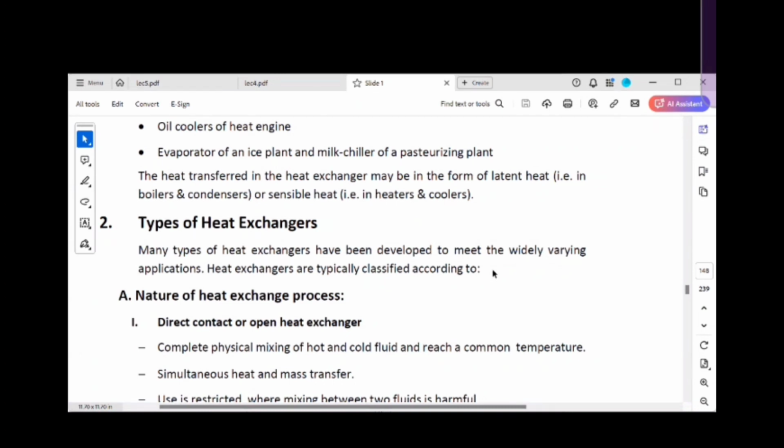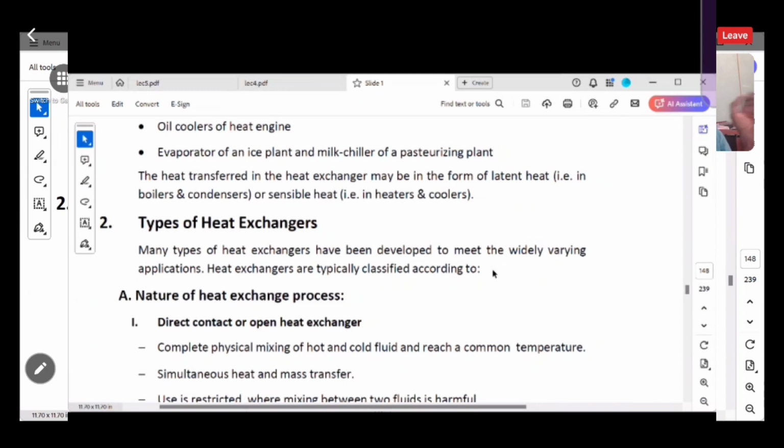Process calculation padichirukom. Latent heat and sensible heat. Sensible heat na, water na 30 degrees la irundhu 70 degrees varaikkum heat pandren, nothing happens to the water. It remains in the liquid state itself. That heat that is gained by water from 30 to 70 is what you call a sensible heat.